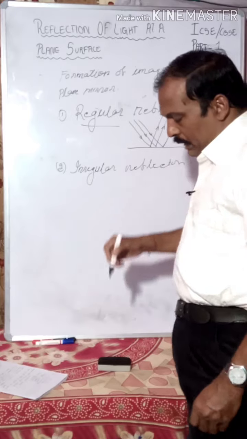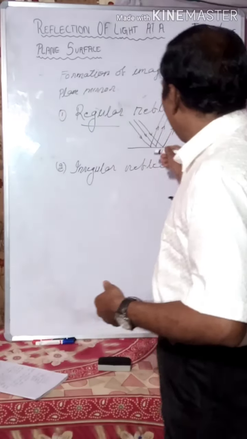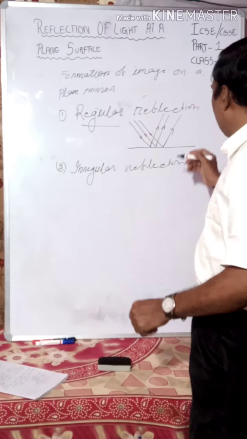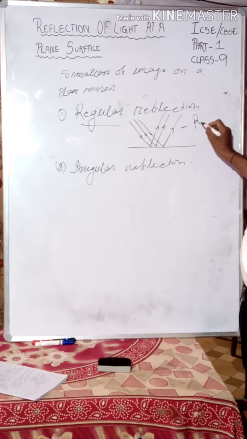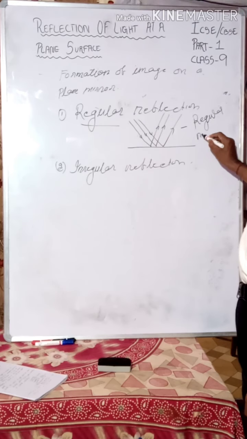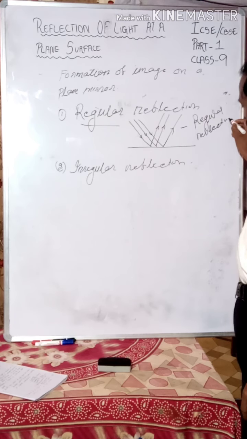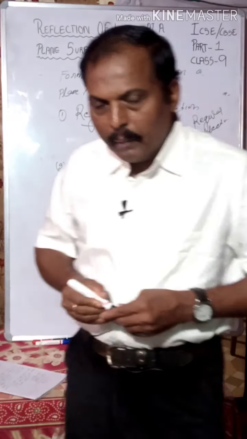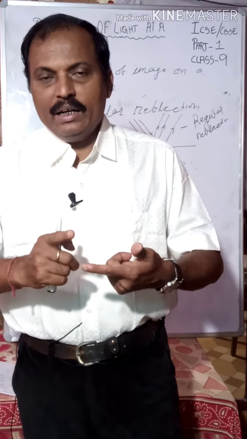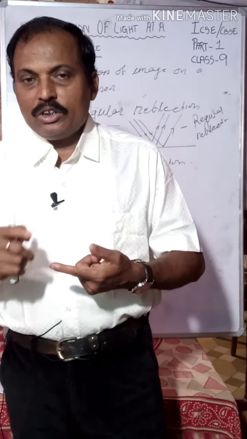If the incident rays are parallel, their reflected rays are also parallel. This reflection is called regular reflection. So regular reflection is nothing but when light is incident on a plane surface or a polished surface.